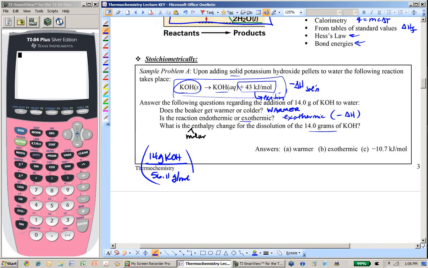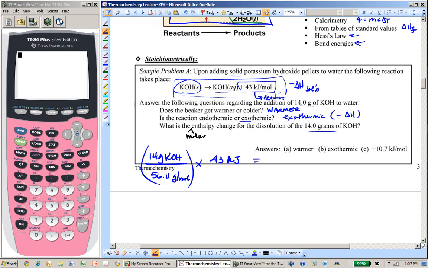So that's going to get me moles. And the fact that 14 grams was added to water. That's where I came up with that. And the heat that exited was 43 kilojoules.